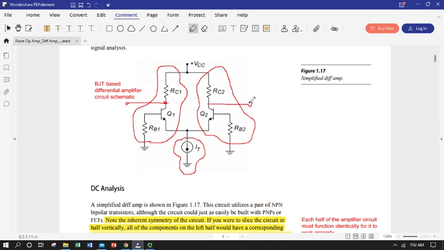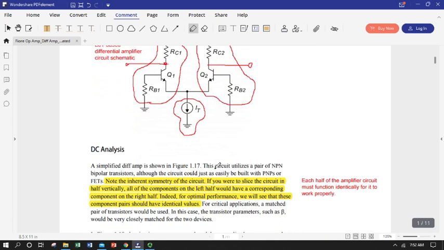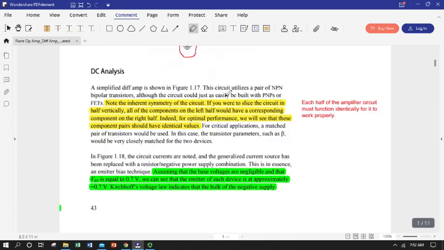So effectively a diff amp in this case is in common emitter mode. Okay, very important that we have a mirror image, that both halves of the circuit function identically. We're going to end up superimposing the output signals and canceling portions of them out and adding other portions. And so it's very important that those outputs be exactly the same in magnitude and maybe different in phase.